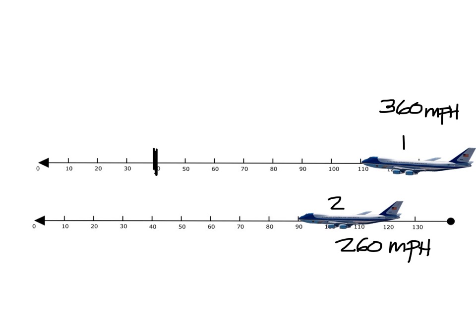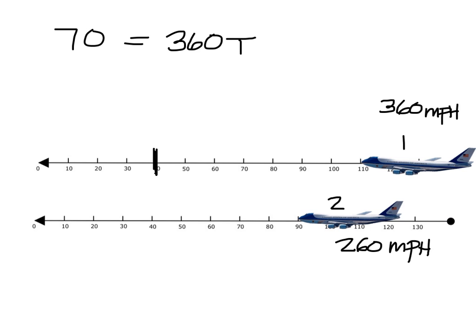It's 360 miles per hour. What distance is it going to travel? It's going to go 70 miles, yep. So there's 70. And the time that it's going to take to make that trip, that distance, is t.